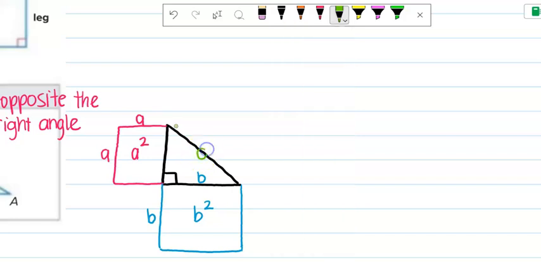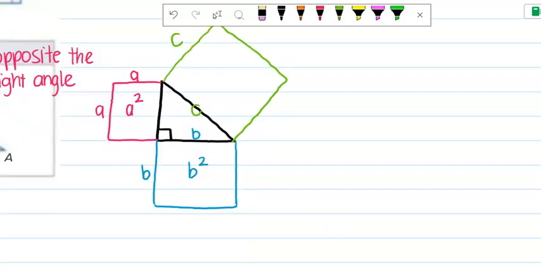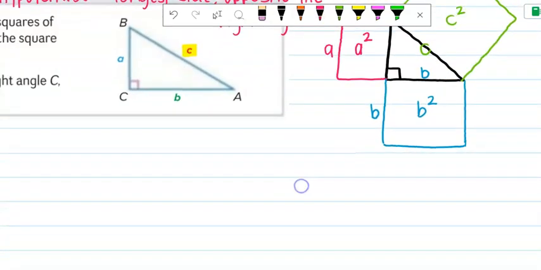If this is our C, because that's our hypotenuse, and we draw another square, all the sides would be C, and C times C is C squared. So the area of these two squares added together would equal the area of this third square. This is actually true if you do this with any regular shapes, but specifically it's easier to see with squares.